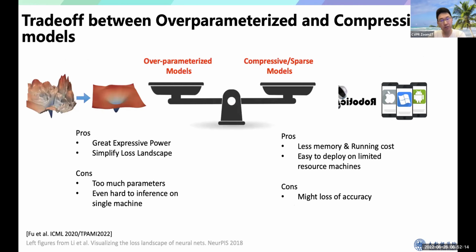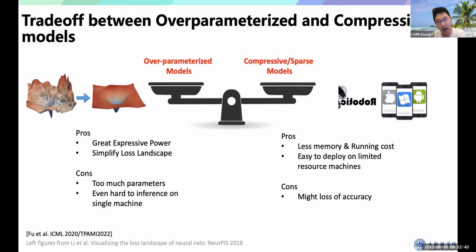From a general perspective, we want to balance the model properties of over-parameterization and compressive sparsity. Despite the benefits of over-parameterization, a huge number of parameters makes deep networks too heavy for daily life applications.